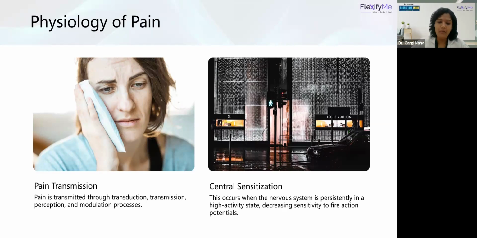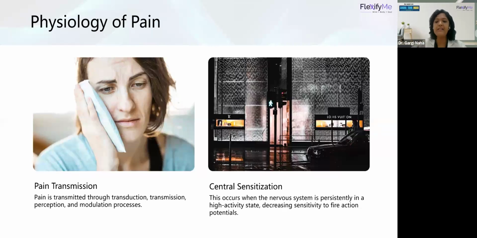Now, why it is important, what is different in chronic pain, how chronic pain and acute pain are different when it comes to pain transmission or perception of the pain. The most important aspect is central sensitization. What is central sensitization? Central sensitization occurs in our nervous system.